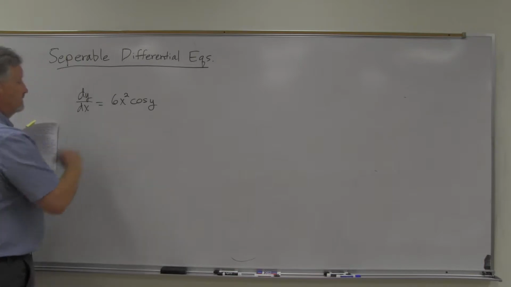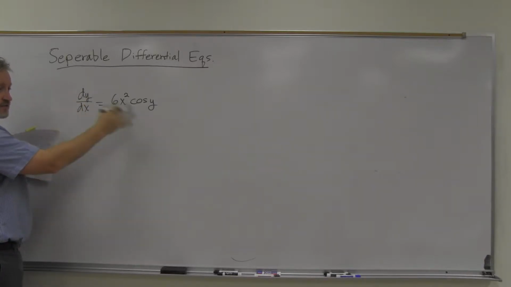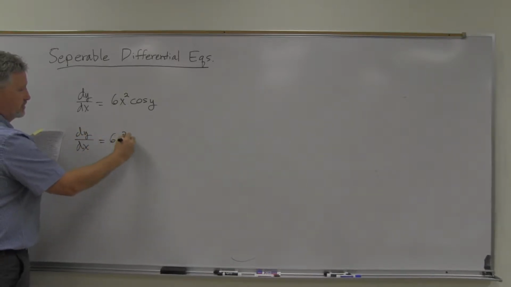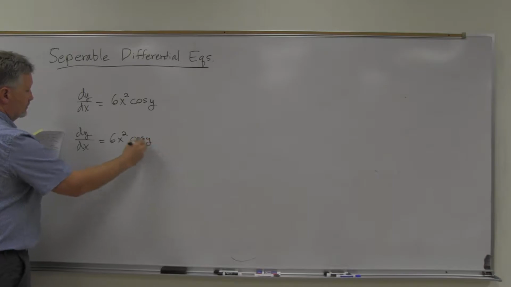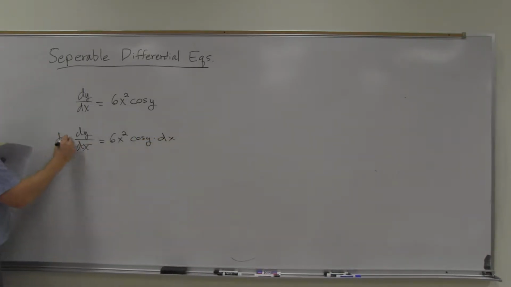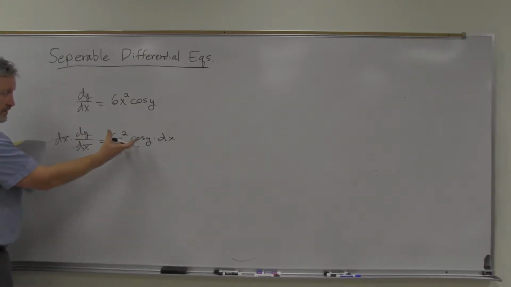So, can I do that? What it amounts to is I'm going to be able to separate dy over dx. I can multiply both sides by dx, and separate that dx from that dy. Then I can also do the same thing with the cosine y here, divide it.